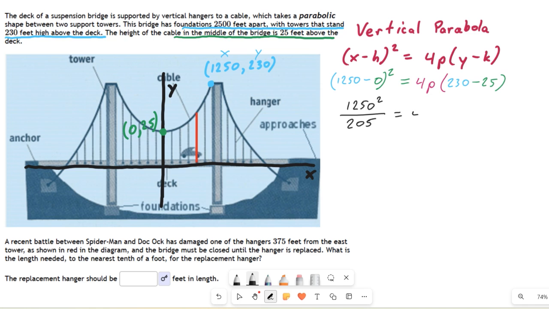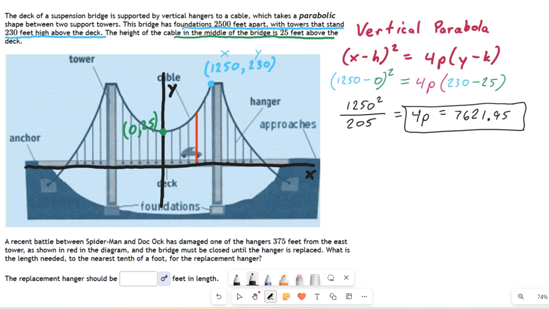Okay, that's going to be 4p. And according to my calculator, that's going to be equal to, it's kind of a big number, 7,621.95. Okay, that's a big deal. That tells me basically everything I need to know about this parabola shape, how curvy or narrow it is.